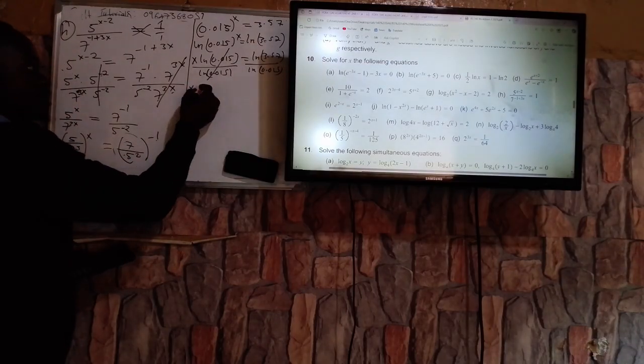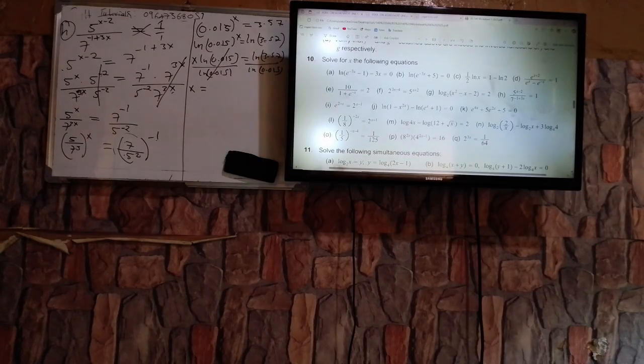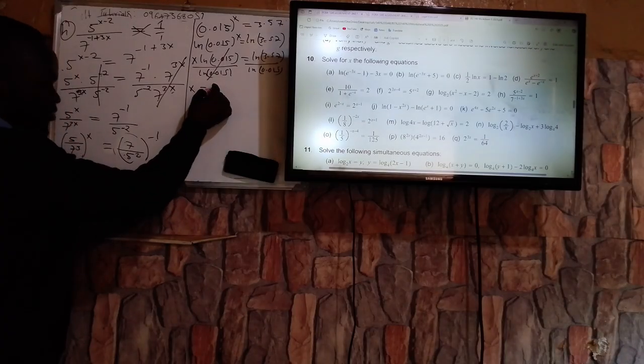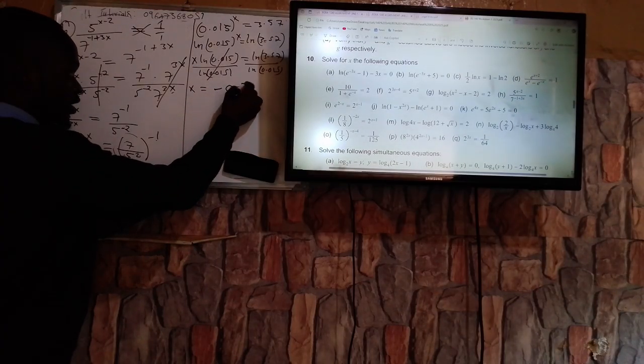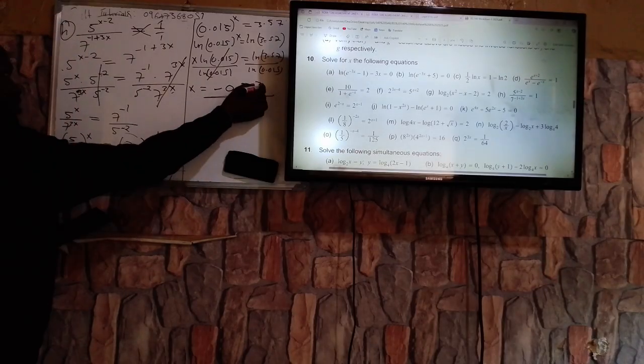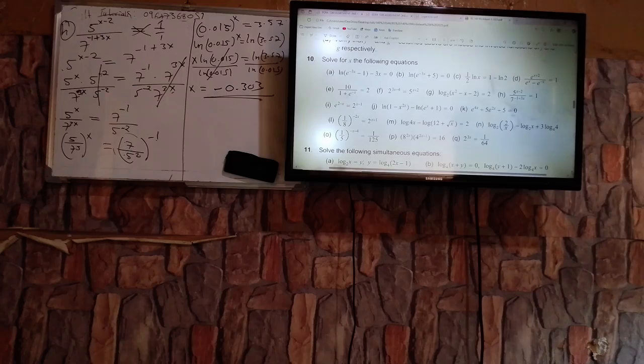This goes, and the variable x will now be equal to natural log of 3.57 divided by natural log of 0.015. Confirm these answers because I don't trust my calculator. So this will be equal to negative 0.303 as the value for x. Simple as that. So this was question number 10.